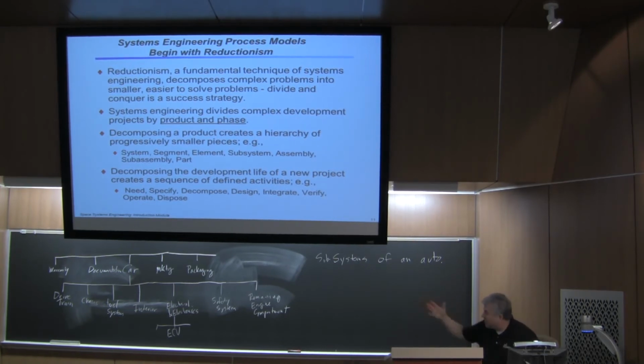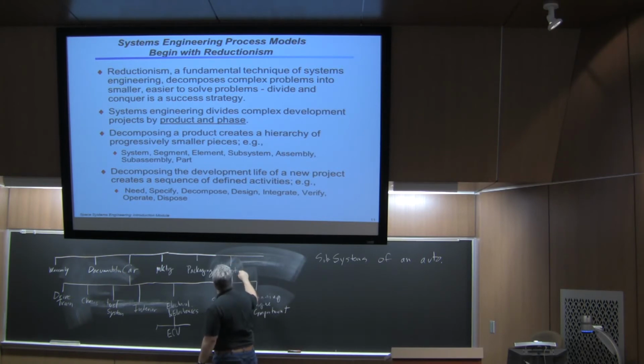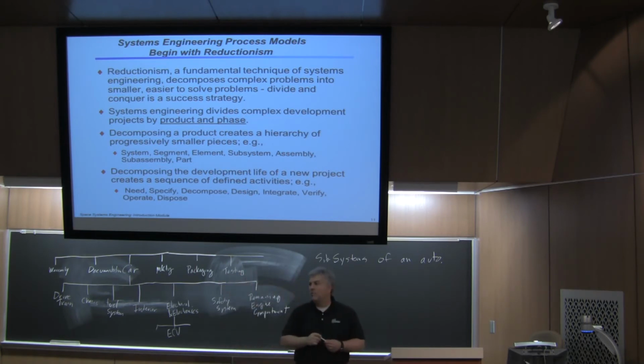Then the car itself is broken into subsystems, and each of those subsystems is broken into subsystems. You're building a hierarchy so you can understand how it will work. Another one up here, even though it's not delivered, is testing. As you're probably aware, there's lots of testing associated with an automobile.